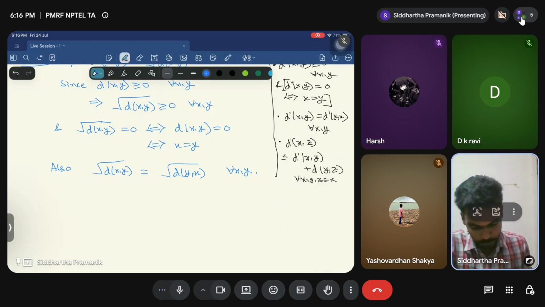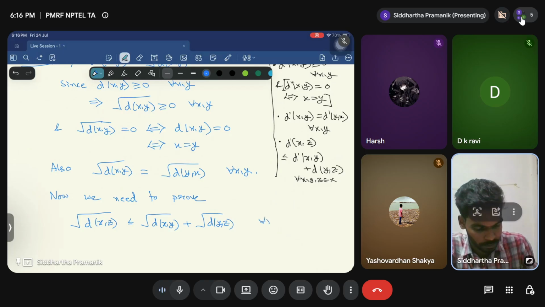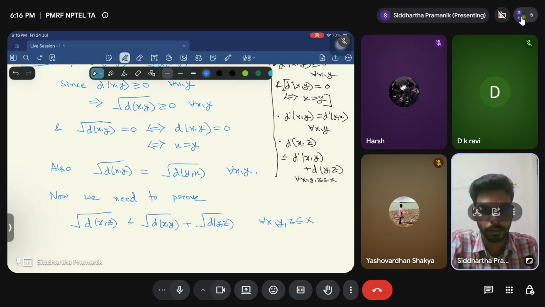Now we need to prove the square root of d(x,z) is less than or equal to the square root of d(x,y) plus the square root of d(y,z), and this is for all x, y, z in X. Okay, so this is the thing we need to prove.